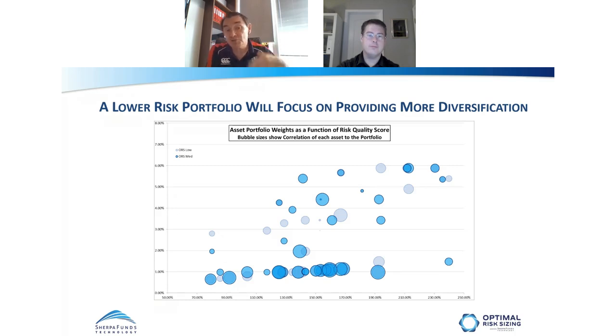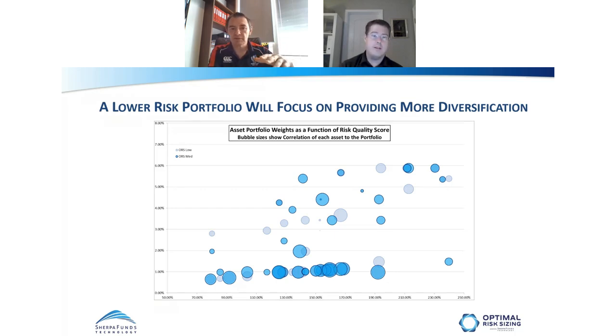And remember, you can't just add to all positions, right? The sum of the positions still has to be 100 or whatever your portfolio constraint is. So in order to take more risk, what you have to do is widen the gap between the things which are high risk, high reward, and the ones which are low risk, low reward. And that's what this picture is showing.